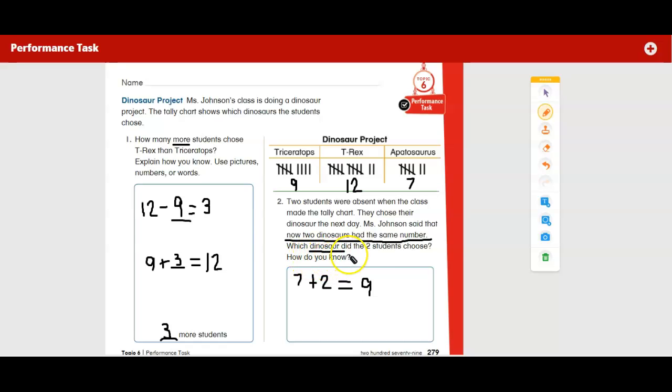So which dinosaur did the 2 students choose? That would be the Apatosaurus. Then we should have written the name of the dinosaur to which the votes went. The Apatosaurus.